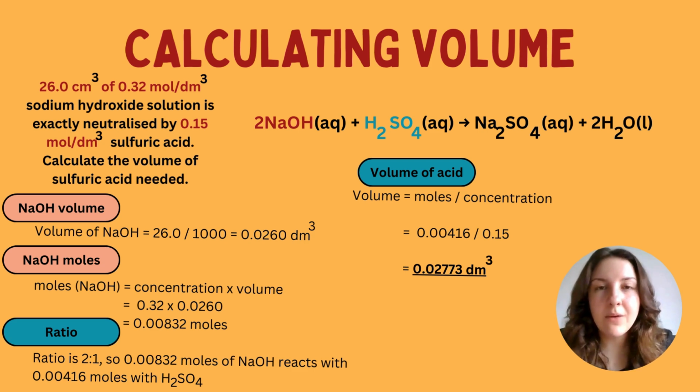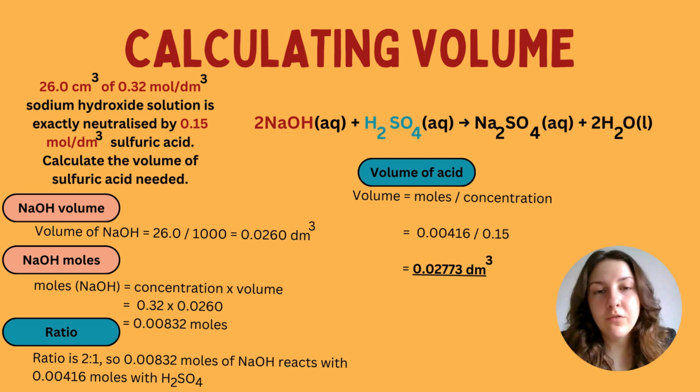0.00832 moles, and then we can use the ratio between sodium hydroxide, which is 2, and the sulfuric acid, which is 1. So a 2-to-1 ratio tells us we need to divide the number of moles by 2. So we get an answer of 0.0416 moles for sulfuric acid. We then pop this into our equation once we've rearranged it so volume is the subject.